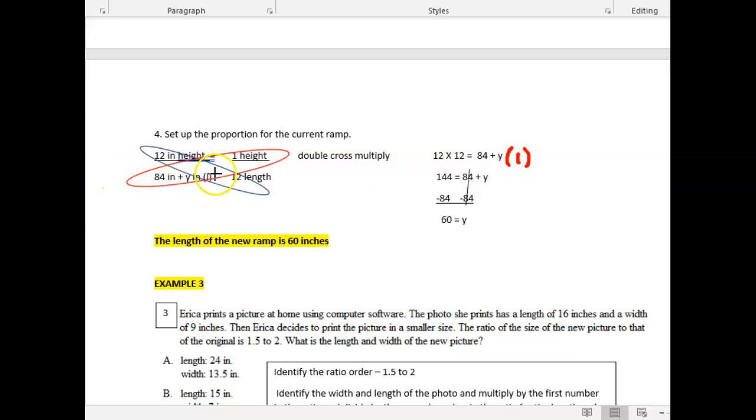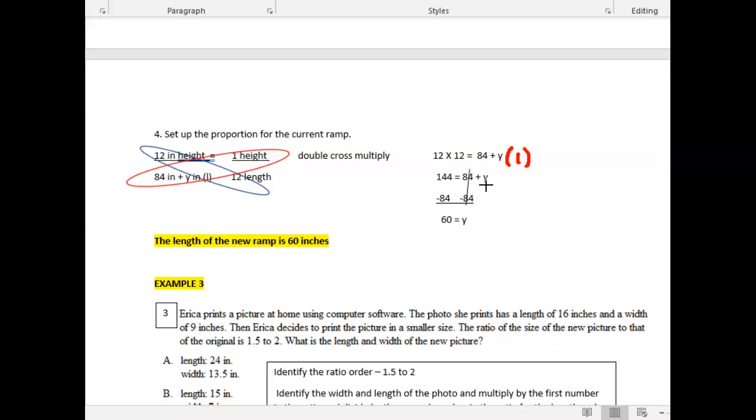Now, 84 plus y times 1, anything that you multiply, it doesn't matter whether it's an expression or a whole number, anything you multiply by 1, you're going to get the same result, 84 plus y. Now, we are trying to find out what that y equals, okay?